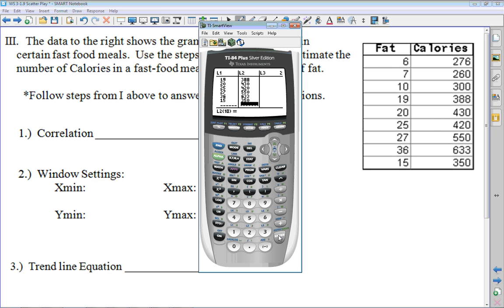Okay, now you put them in L1 and L2, but I press graph and you don't see anything.